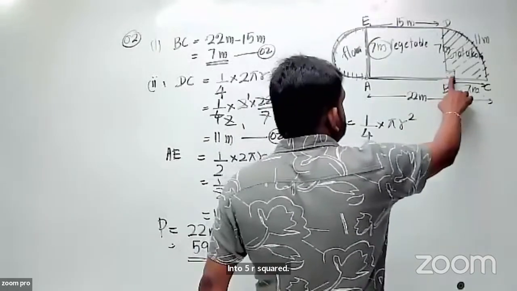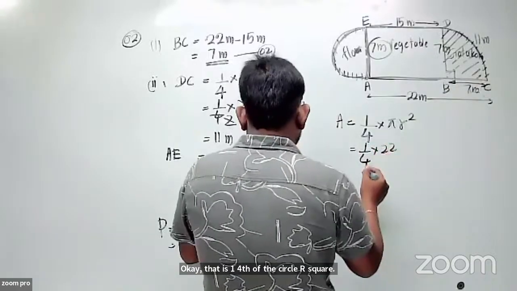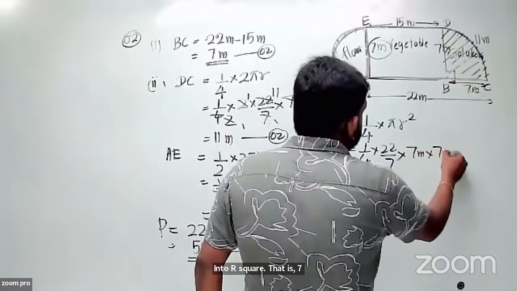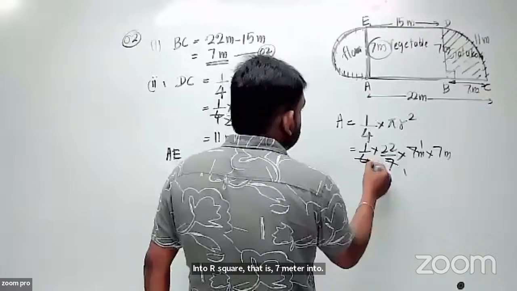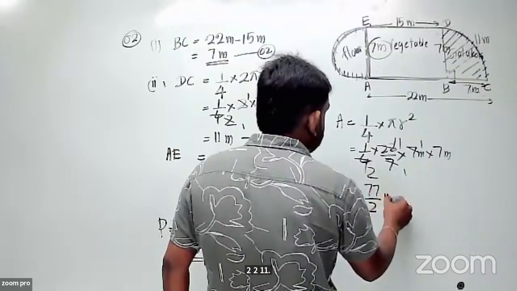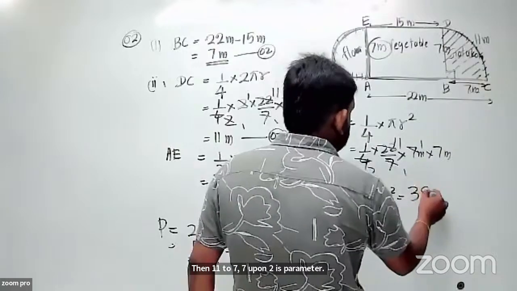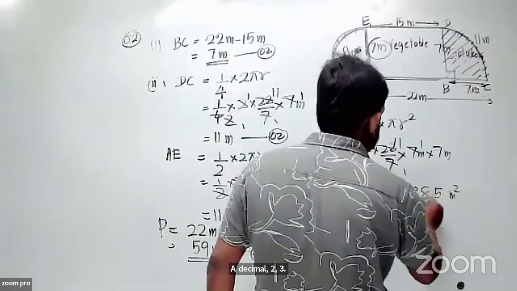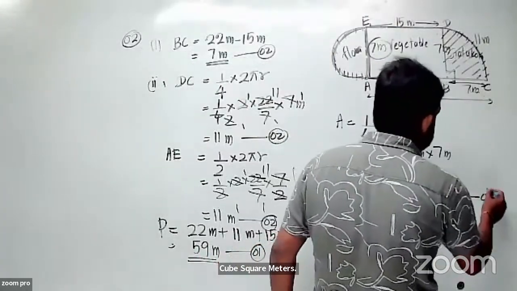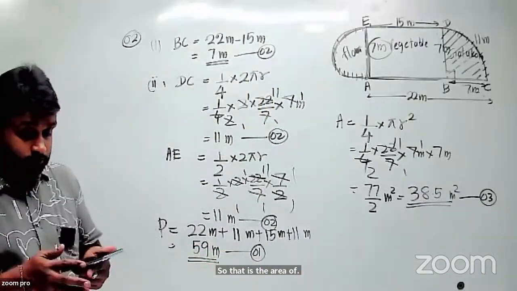That is 1/4 of the circle, πr squared, because they are asking for the area. π is 22 upon 7, into r squared. r is 7 meters into 7 meters. So simplifying, 11 into 7 is 77 upon 2 square meters. Keep the decimal, 38.5 square meters. For that one, you have 3 marks. So that is the area of that sector. Write it down.